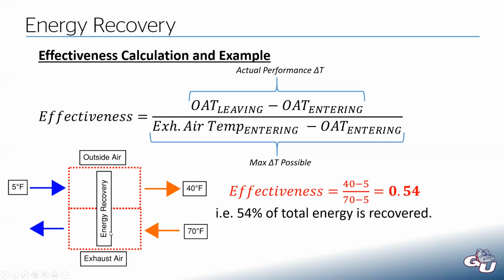It has to, just by the laws of thermodynamics. So if we were to see a 35-degree rise on the outside air, we'd see a 35-degree drop on the exhaust air. But as far as our calculation here, this term just doesn't come into play.